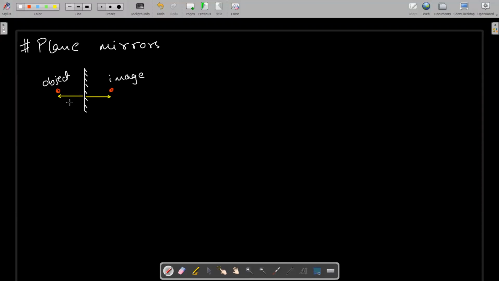From the mirror, this distance we take as u, and this distance we take as v. So the first property of a plane mirror that you need to understand is that v would be equal to negative u. Now what does that imply?